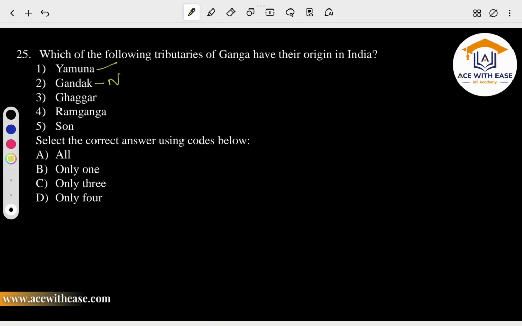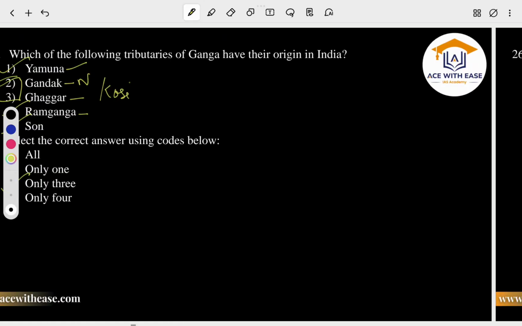Ghaggar is in the Nepal region, whereas Ramganga and Son are in India. So we have Yamuna, Ramganga and Son rivers. 3 rivers are actually originating in India. Whereas the Gandak, Ghaggar, and also Kosi, the other river, all these 3 rivers originate from outside India.